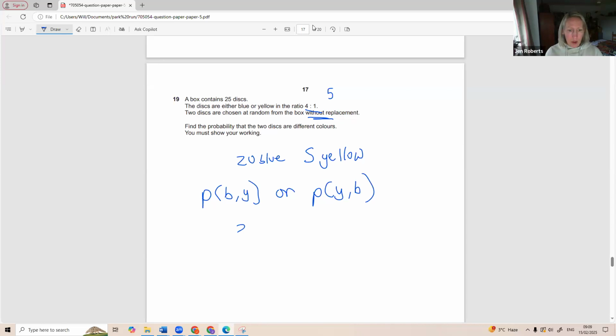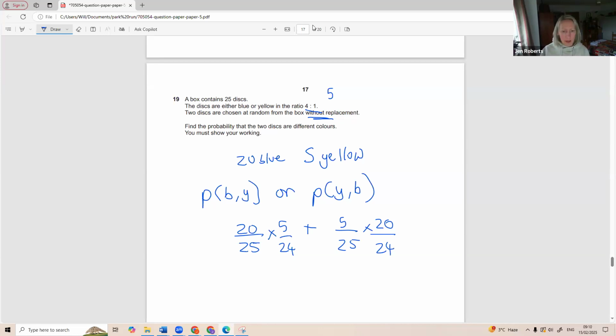So we've got 20 out of 25 times, what's the probability of a yellow? It'd be 5 out of 24, wouldn't it? Because you've taken one out. Okay, next bit. We have yellow or blue. Yellow is 5 out of 25.